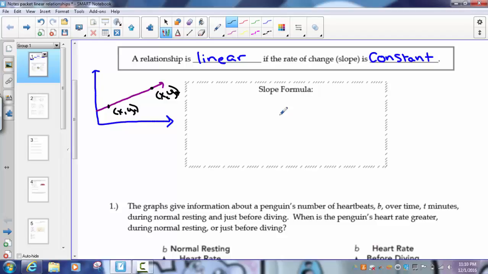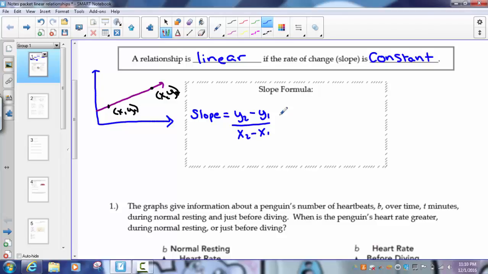Okay? So the way we're going to find slope, the slope formula is defined as, we're going to fill it in here in the box. The way you calculate slope is that once you know 2 points, you're going to do y sub 2 minus y sub 1 divided by x sub 2 minus x sub 1.